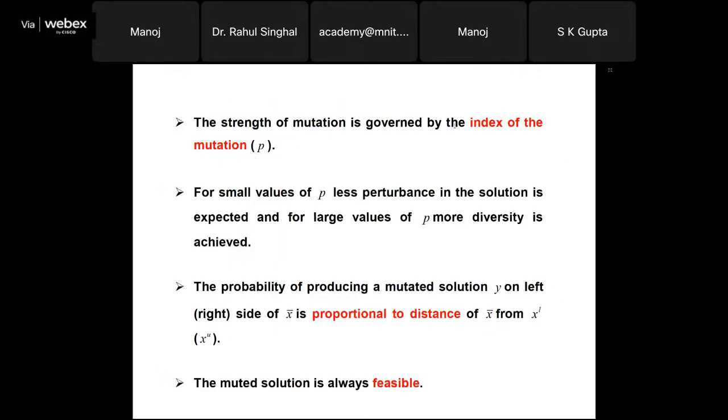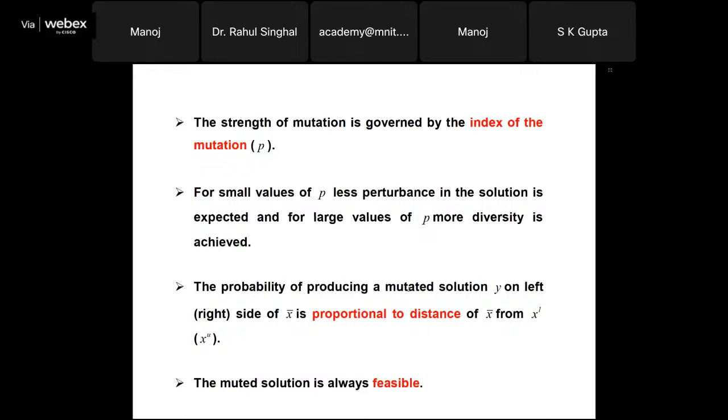The strength of mutation is governed by the index of mutation, P. A small value of P gives you less perturbation, and larger values of P give you more diversity or more perturbation, so that you can explore the region more efficiently.